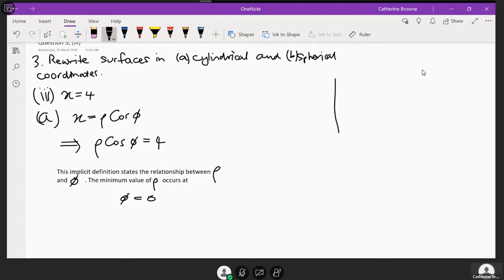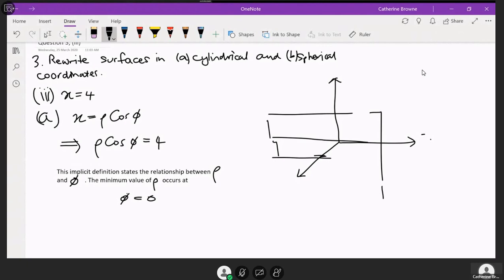So, if you're looking at this as a picture, x equals 4 is just the plane, it crosses the x-axis.